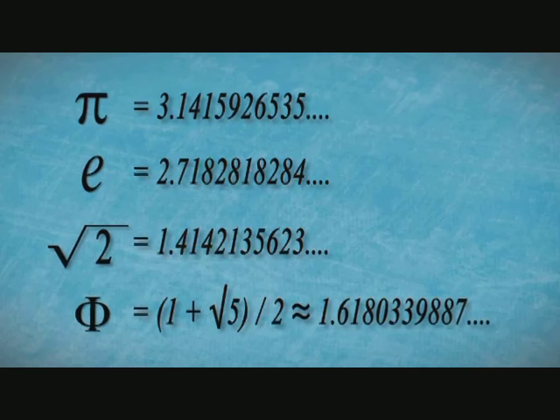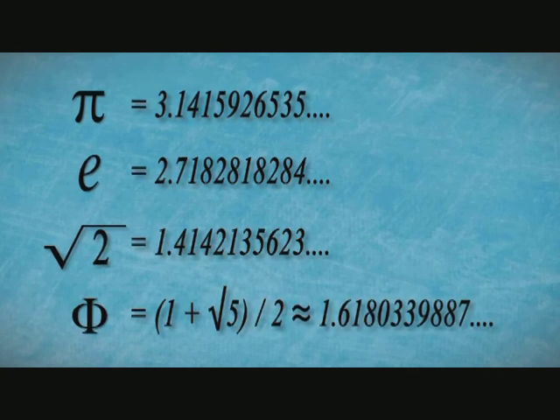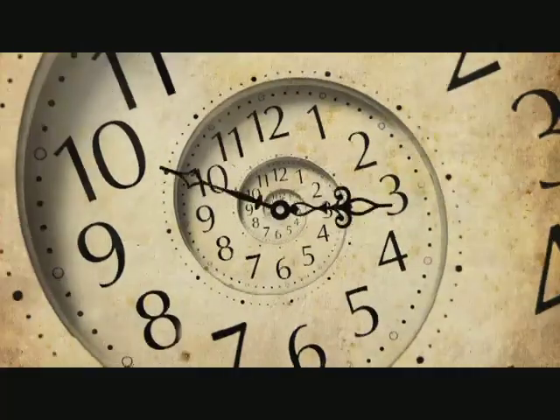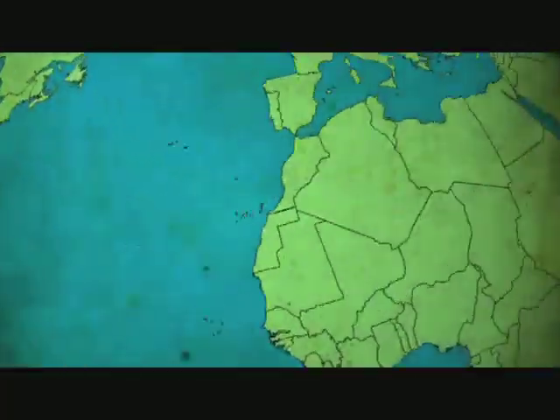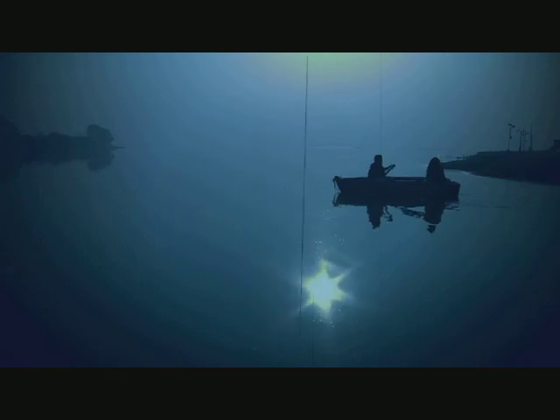Now let's see how numbers like this had disastrous consequences for some. For this, we need to move back in time to 520 BC in ancient Greece. We start off with a small boat off the coast of Greece.